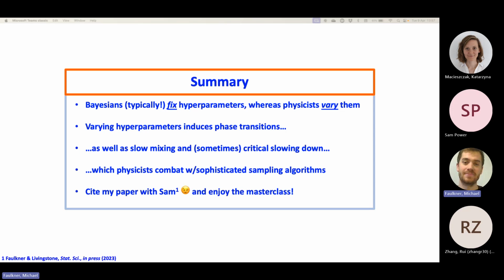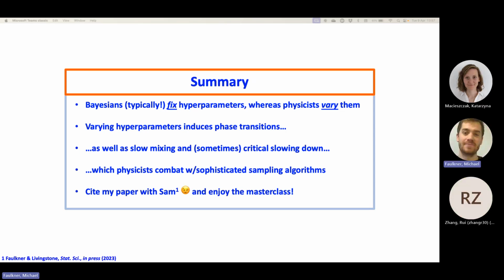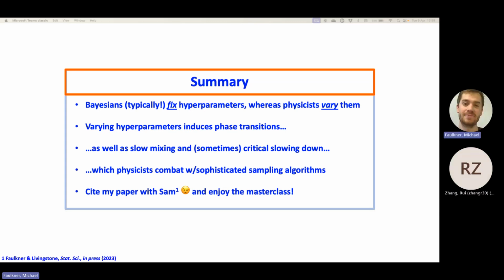But yeah, basically, that was a quick rush through some nomenclature, typical notation, and then similarities and differences between our two research fields in general. And I started by making the point that Bayesians typically fix hyperparameters and they might sample over them, whereas we vary them by performing simulations at an array of different hyperparameter values to then study expectations as a function of that hyperparameter.